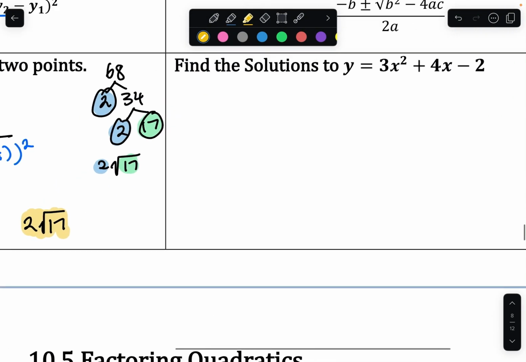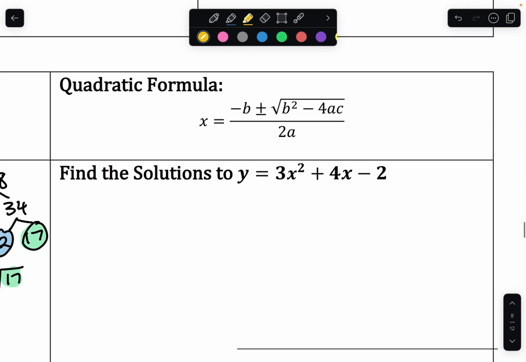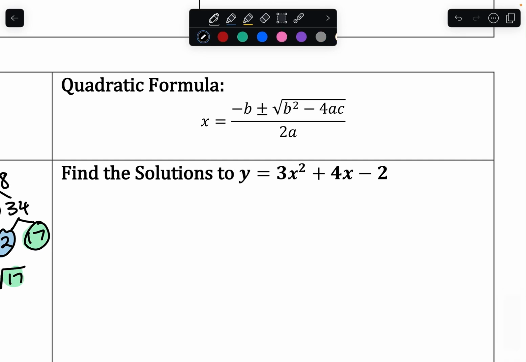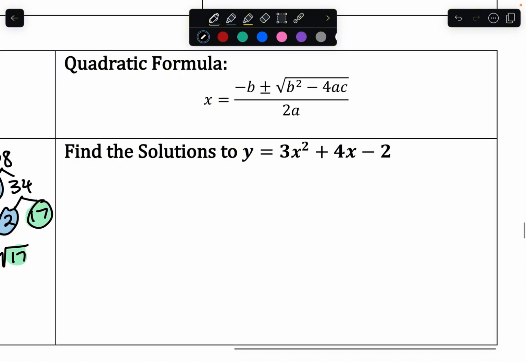Okay, the next formula that involves square root is our quadratic formula. And so when you have a quadratic equation that you're trying to find the solutions to, you can use the quadratic formula. And so here we need to identify our A, our B, and our C. And so A is 3, B is 4, and C is negative 2.